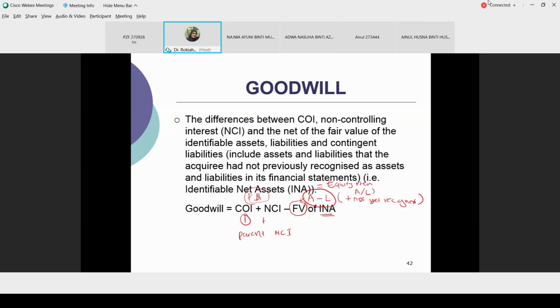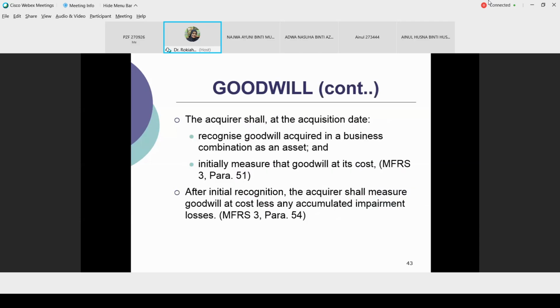So that is the way to calculate goodwill: the investment by the parent added together with the investment by the NCI, minus the fair value of net identifiable assets. The acquirer shall, at the date of the acquisition, recognize goodwill acquired in a business combination as an asset.